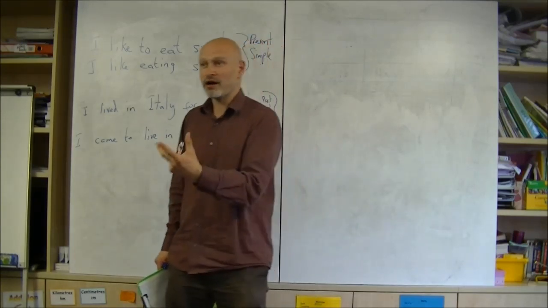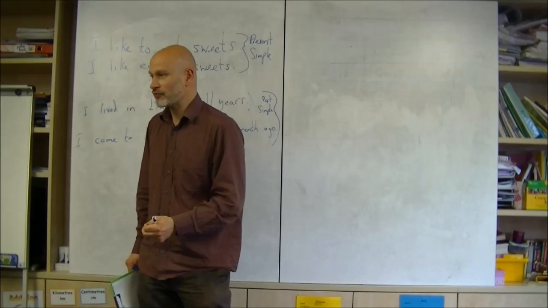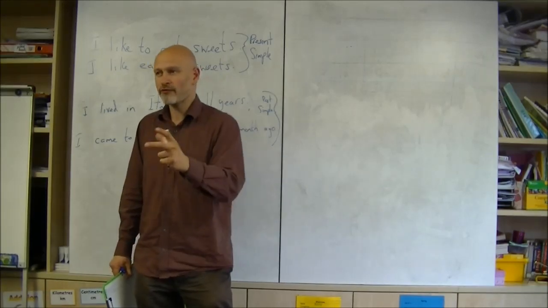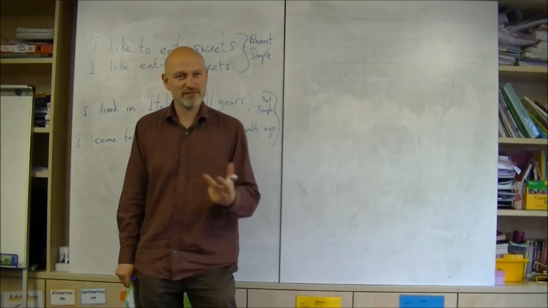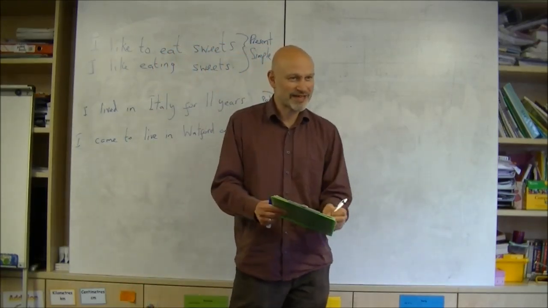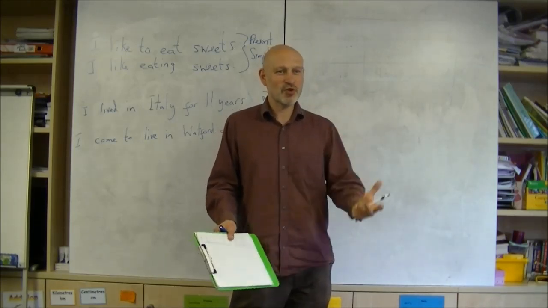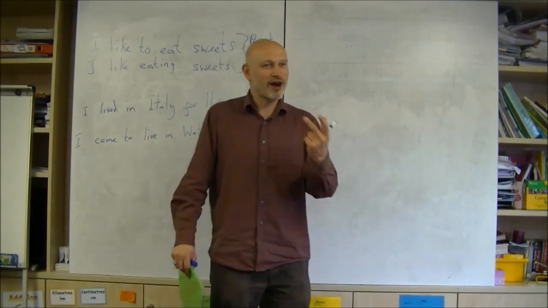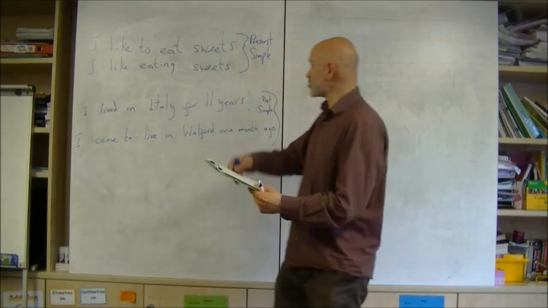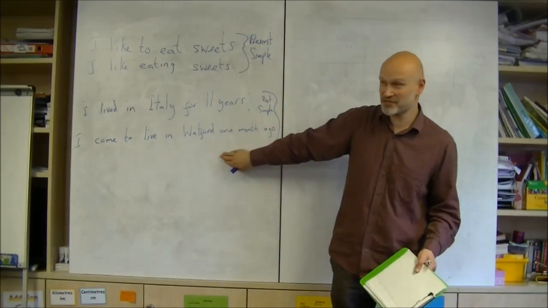So you need to ask each other a few questions, give each other a bit more information. I want you to talk for about 10 to 15 minutes. Now I will come round, I will listen, I will write down problems, but don't worry about me, don't worry about the problems. Just talk, give some information, ask questions. Ask questions about the present, ask questions about the past.